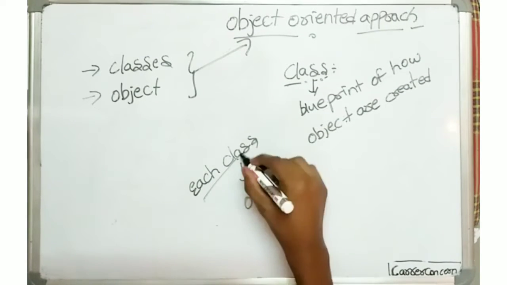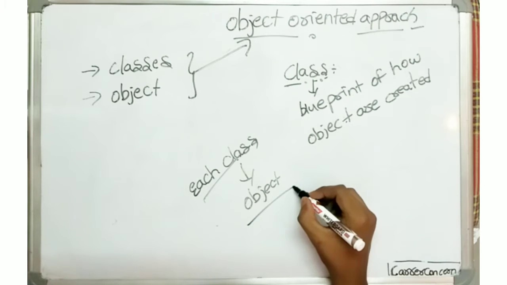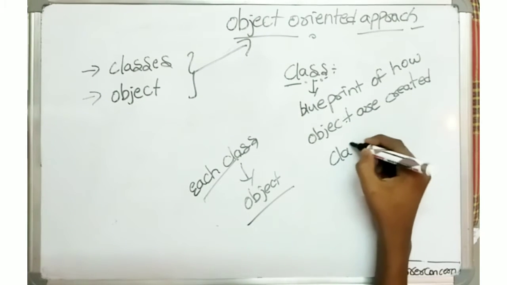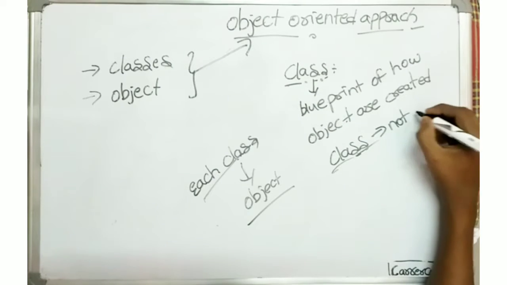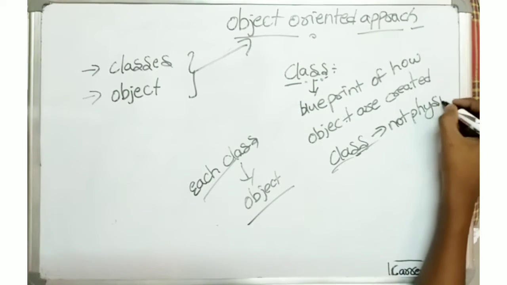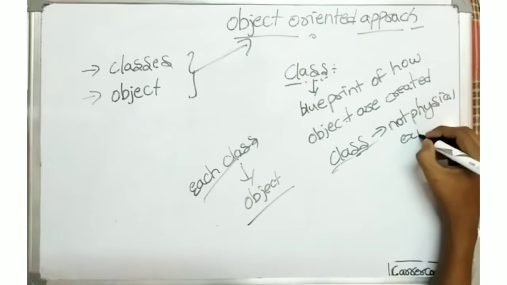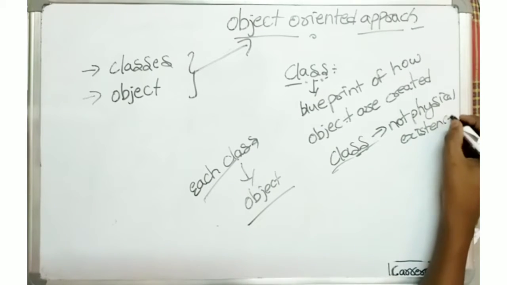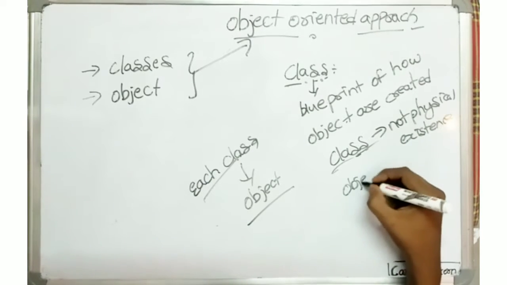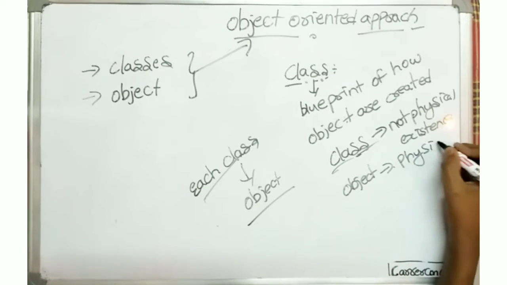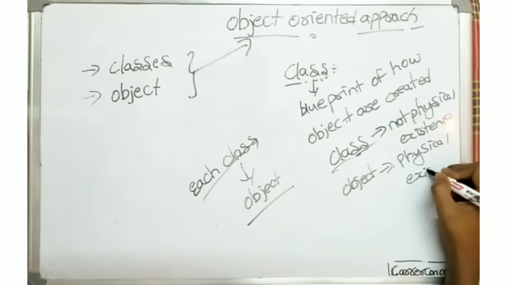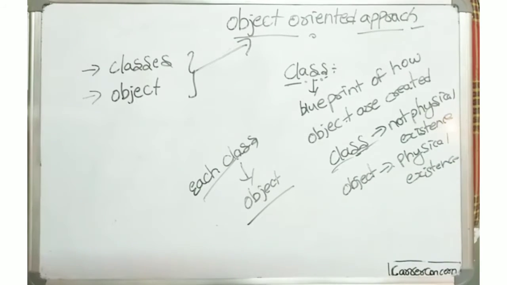What is a class? What is an object? A class does not have any physical existence. An object has physical existence. Let me explain with an example.